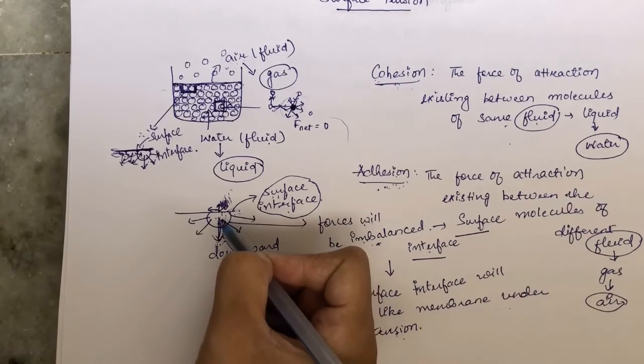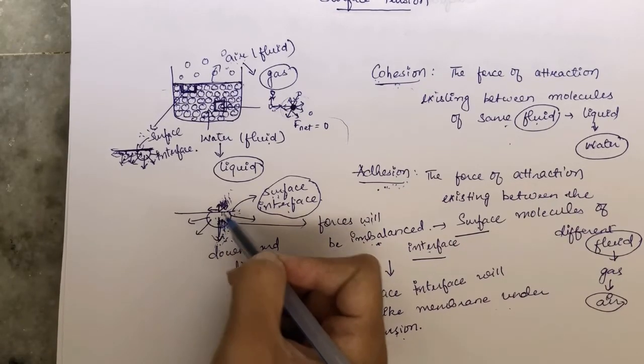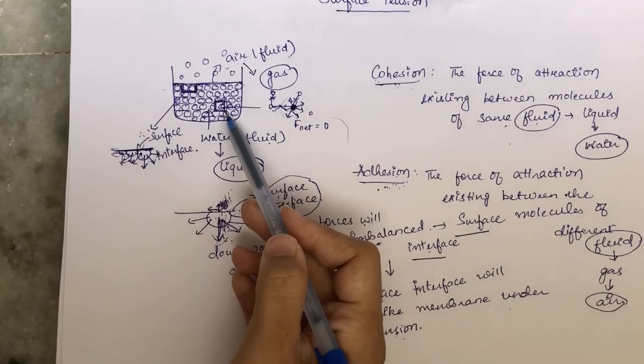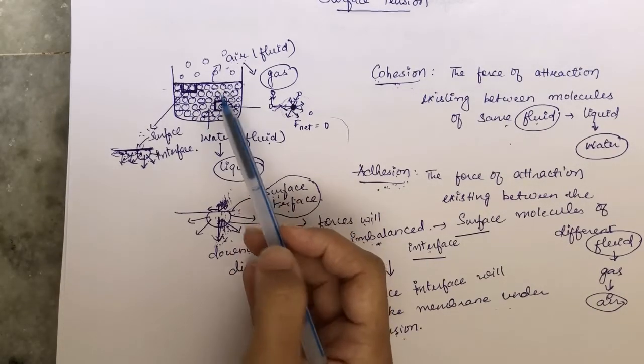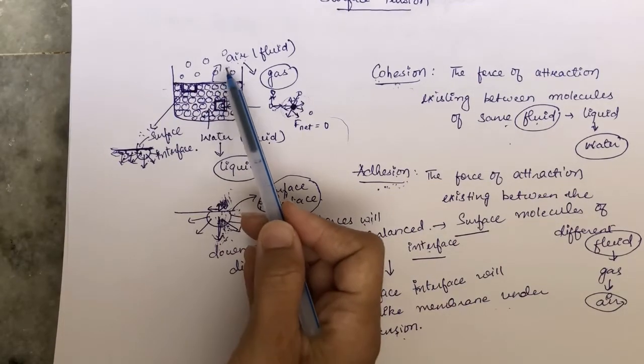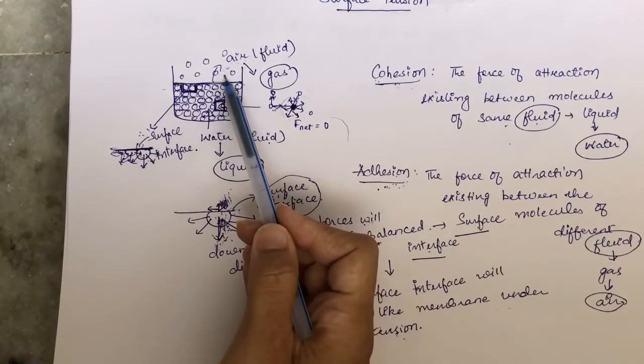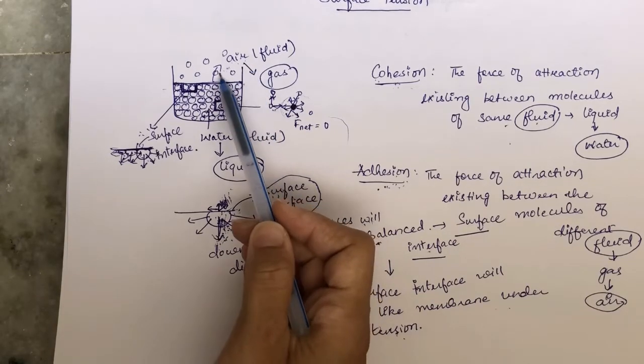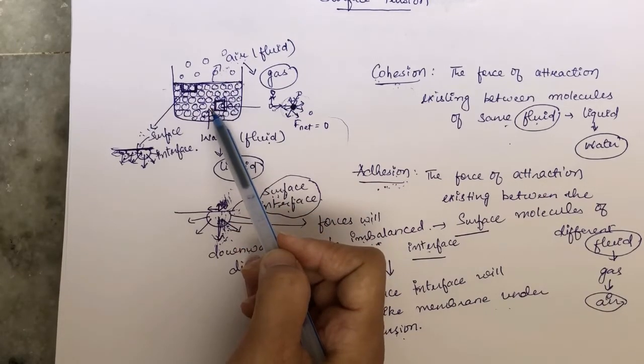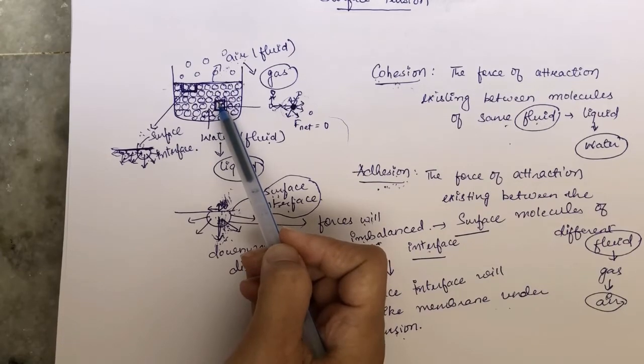Because the magnitude of forces in the case of liquid will be large as compared to gas, because the distance between the molecules is more in air, so the intermolecular forces will decrease, and in a liquid the intermolecular forces will be large because they are closely packed.